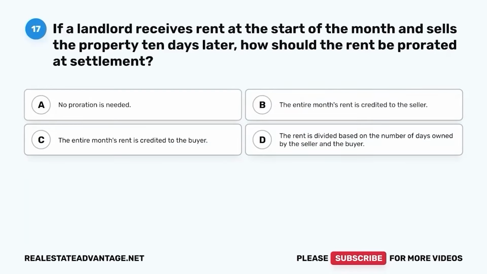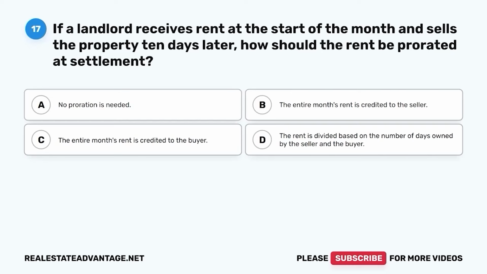Question 17. If a landlord receives rent at the start of the month and sells the property 10 days later, how should the rent be prorated at settlement? A. No proration is needed. B. The entire month's rent is credited to the seller. C. The entire month's rent is credited to the buyer.